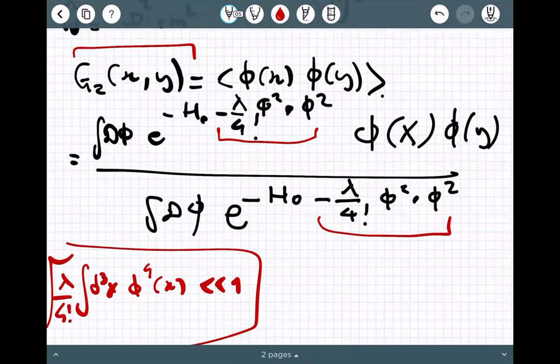Now, clearly, this can only be done if the system is paramagnetic. Who tells me why?